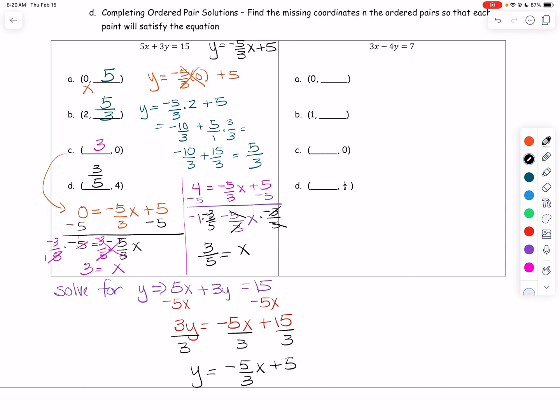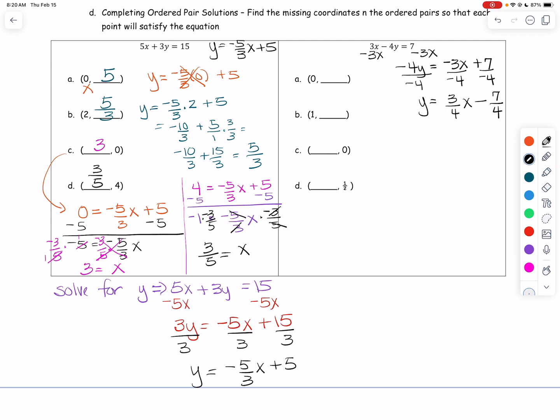I'm going to go ahead and I am going to subtract 3x. And so now I get negative 4y is equal to negative 3x plus 7. This one might not be a good one to do. And I'm going to divide everything by negative 4. So y is equal to negative 3 divided by negative 4 makes that a positive 3/4 x, and then minus 7/4. Okay?